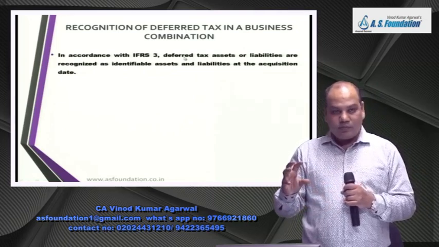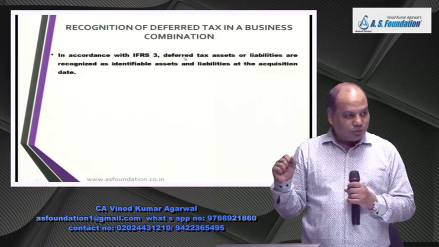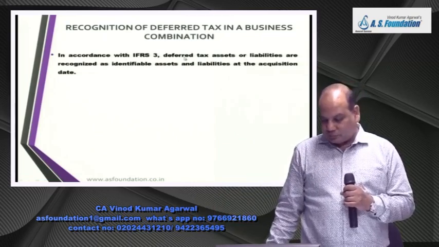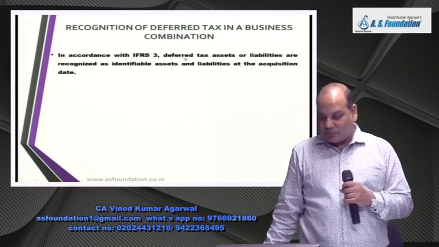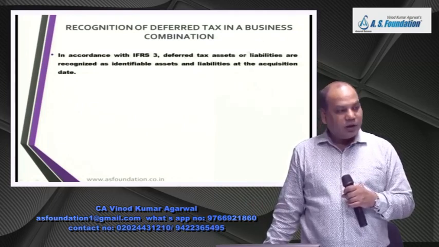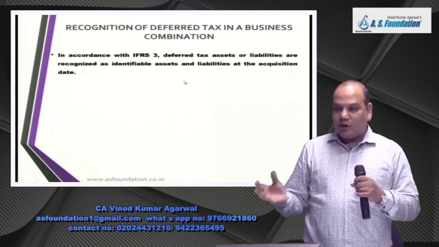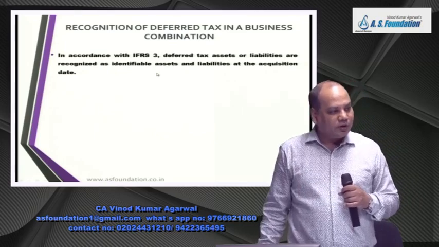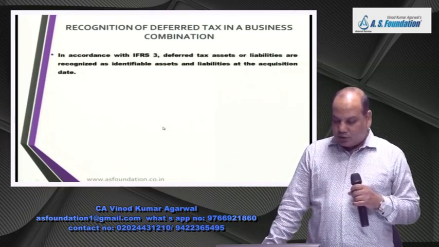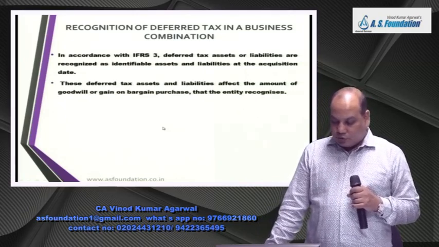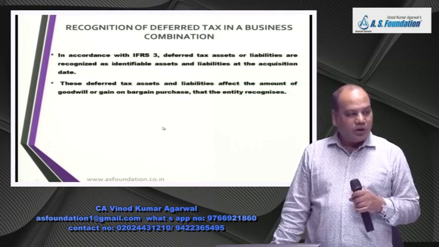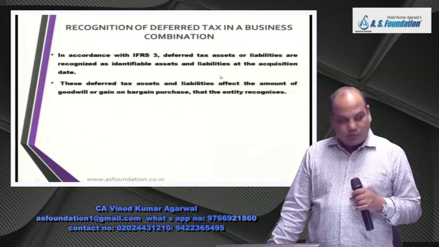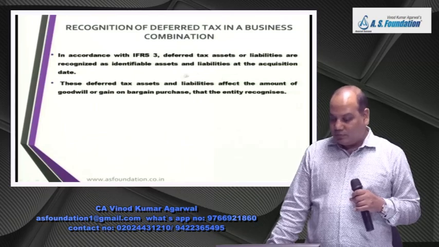Tax law may say, no, we will not allow you to do that, but the carrying amount of the acquiree will remain your tax base, or some other amount will remain the tax base, which means the tax base of the assets and liabilities that you have acquired may be different from the fair value at which you have recorded them. So that will give rise to a deferred tax asset or liability. So you will recognize this DTA or DTL on assets and liabilities which you have acquired, calculating and recognizing the DTA and DTL on the date of acquisition only.